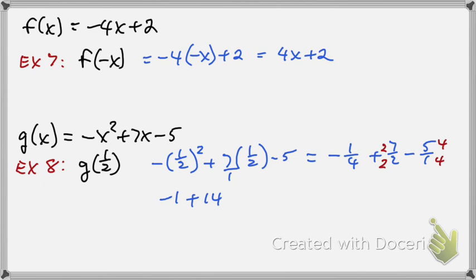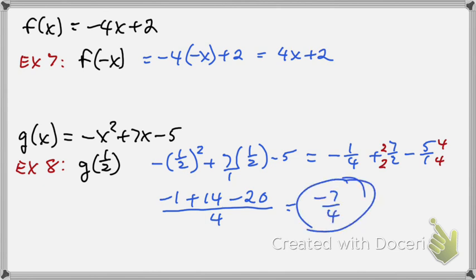So 4 times 5 is 20. All of that's over 4. Again, double check me. All right, so I've got minus 1 minus 20, so there's minus 21 plus 14 is minus 7 over 4. So I think that's what it would evaluate to right there.